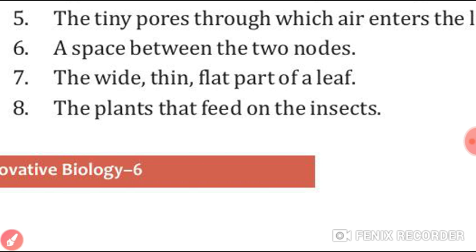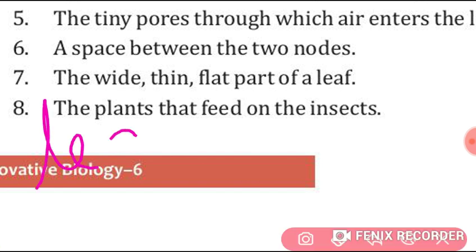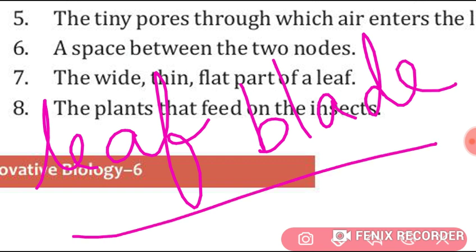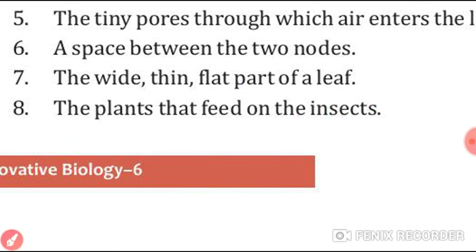Now answer number 7. A thin flat part of a leaf. Answer is leaf blade. Then 8th, the plants that feed on the insects.